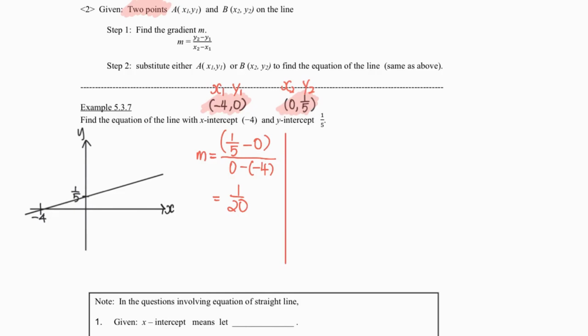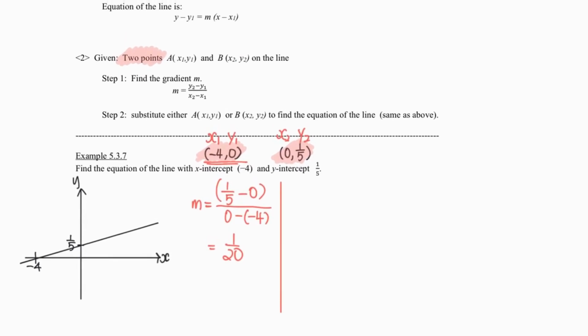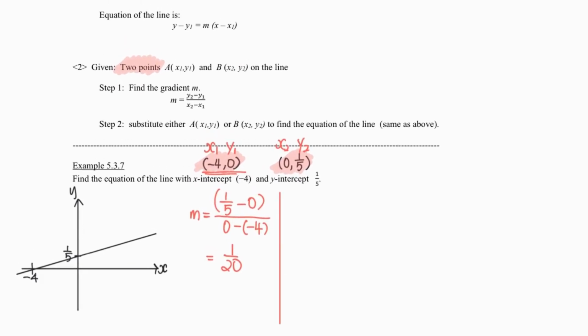And substitute either the point. I don't like fractions, so I'm going to substitute the x-intercept into the equation. What is the equation again? Come, let me show you. Y minus y1 equals to m bracket x minus x1.